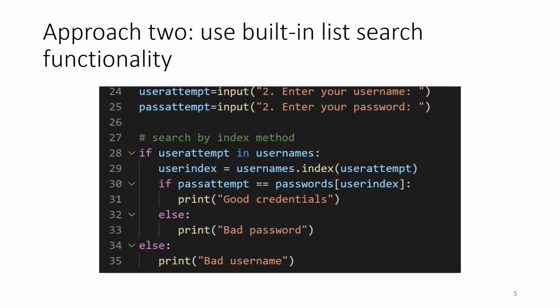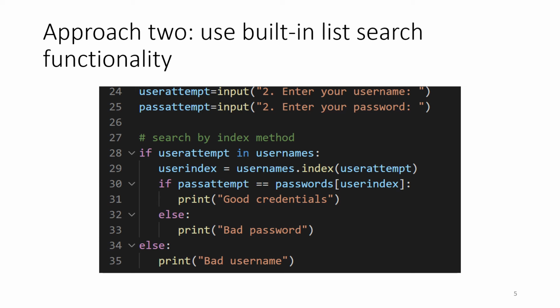Now we are starting our second attack on the problem. So in lines 24 and 25, we are re-prompting the user to enter credentials, attempted username and attempted password. And this is the approach where we are not explicitly looping ourselves, but allowing the list functionality to do that searching for us.